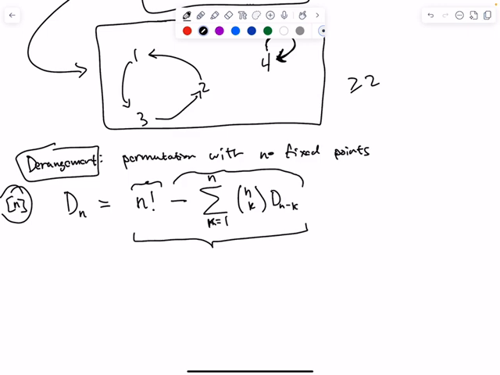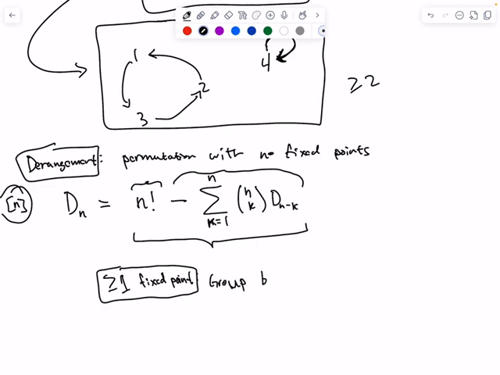A bad permutation in this case is a permutation with at least 1 fixed point. So how do we count all permutations with this property? Well, we're going to group by the number of fixed points.